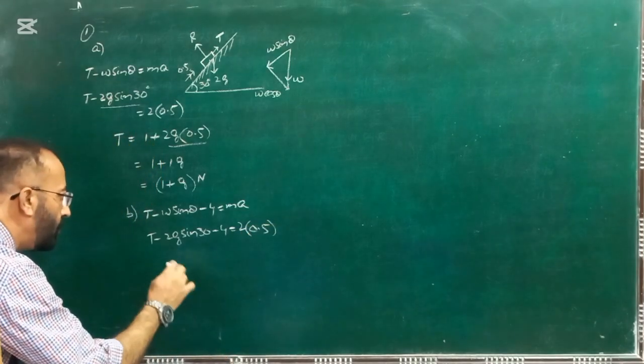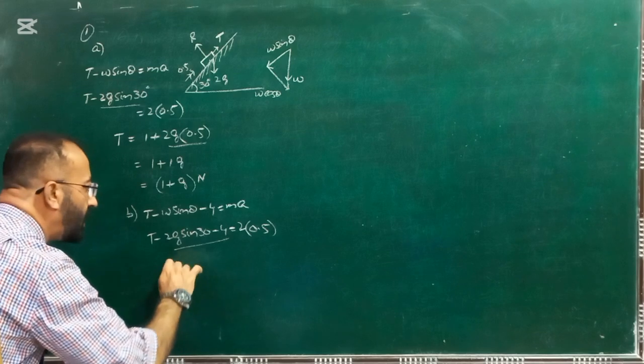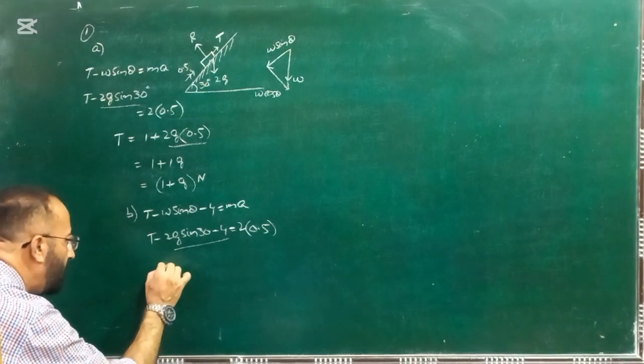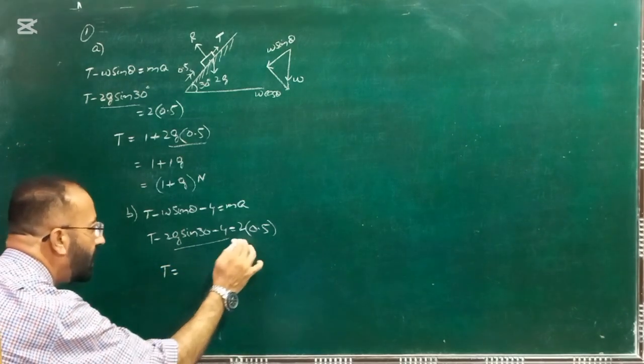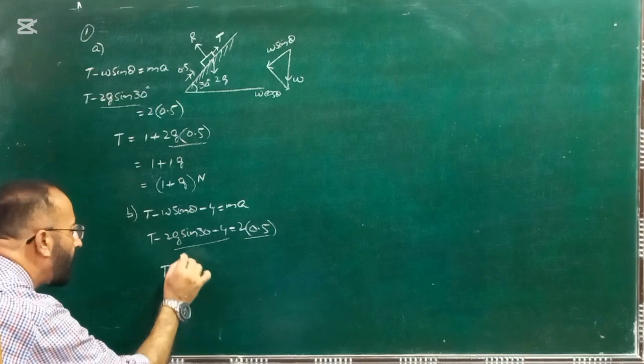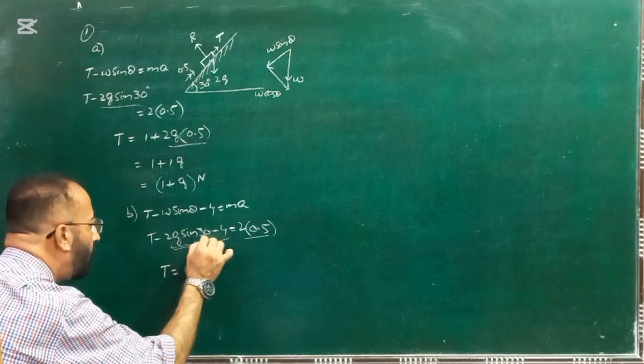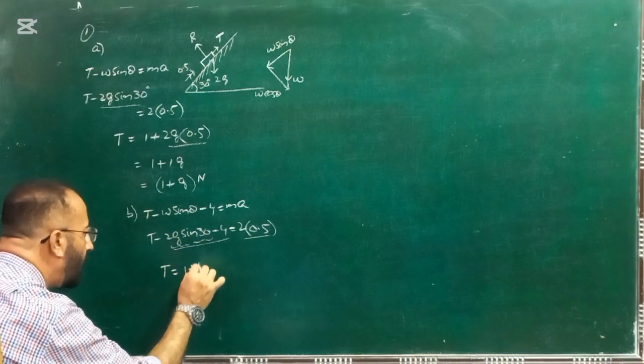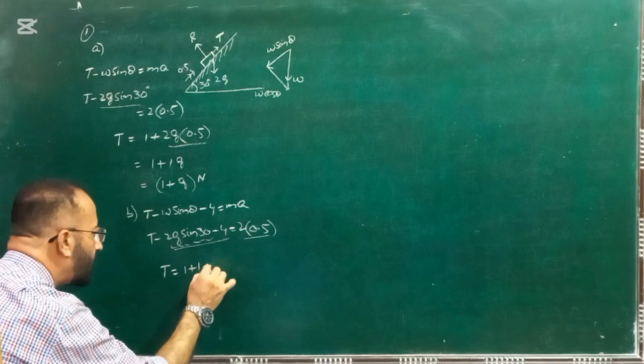Now you will send these two factors to the right hand side. So T will be equal to, this factor will become 1, this factor will also become 1, and this plus 4 is still there.